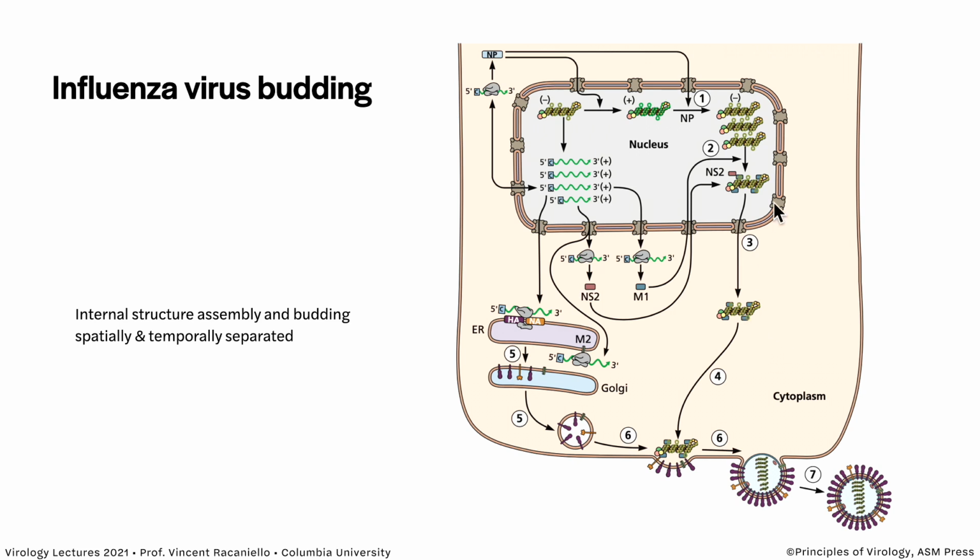So the RNP is made in the nucleus, gets transported to the plasma membrane, and there the glycoproteins have been inserted: the HA, the NA, the M2 ion channel. And then the HA, for influenza virus, drives the budding. The particle forms and pinches off. The pinching part we'll explore in a moment, how that happens. And now you have a new infectious virus. So this is budding at the plasma membrane.